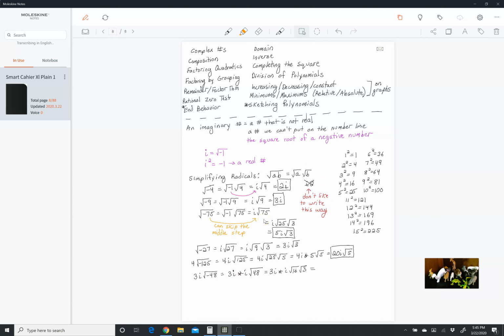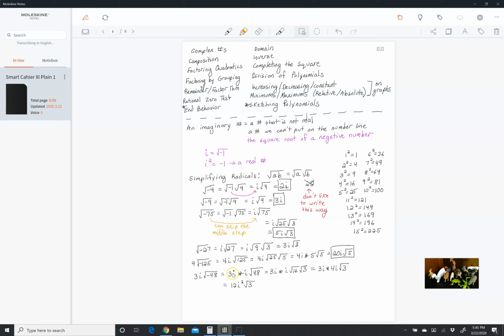The square root of 16 is 4, so now we have 3i times 4i square root of 3. And you're just going to multiply the outsides. So you get 12i squared square root of 3.